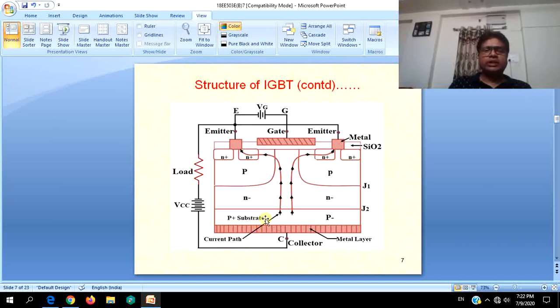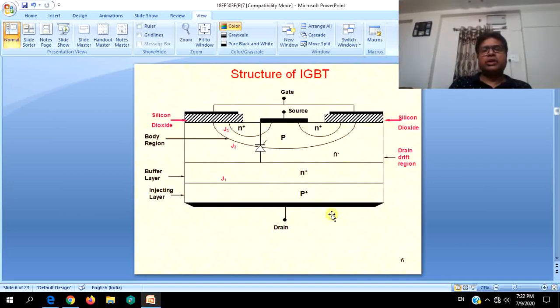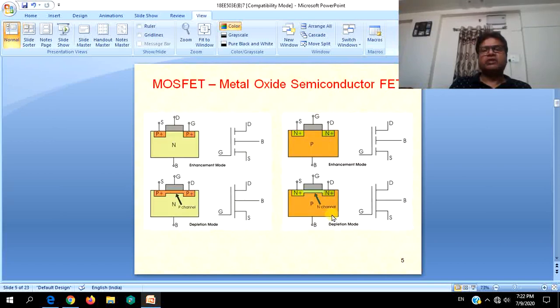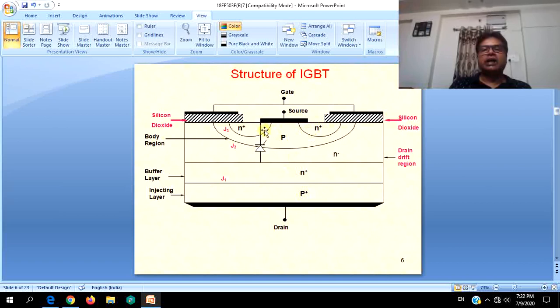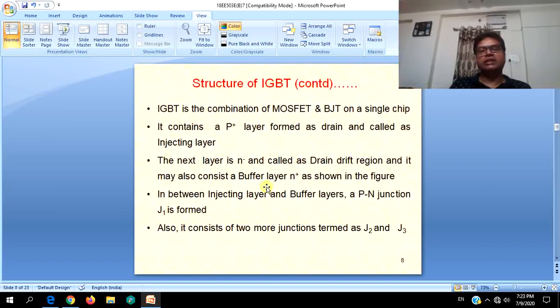It consists of four layers, PNPN, nothing but an SCR or thyristor. So if the forward applied voltage between source and drain is more than the threshold voltage or the forward breakover voltage of an SCR or this PNPN structure, then before the actual conduction of IGBT starts, the SCR conducts in this reverse direction. This is the problem with IGBT.